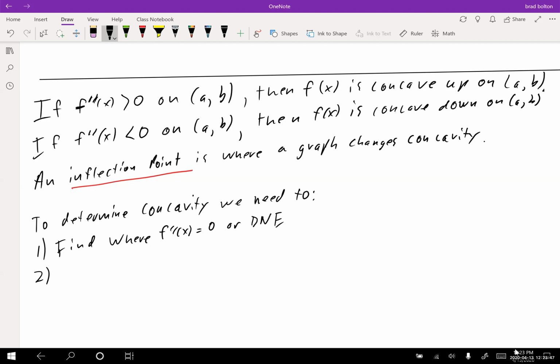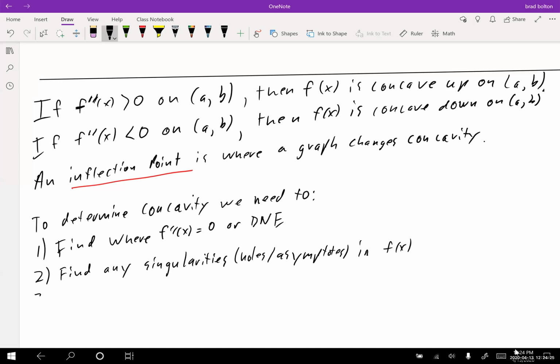Second thing we need to do, find any singularities, holes in the graph or asymptotes, in the original, or in f of x. So not in the second derivative, but singularities are found from the original f of x, not f double prime.